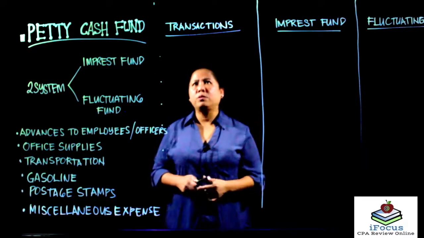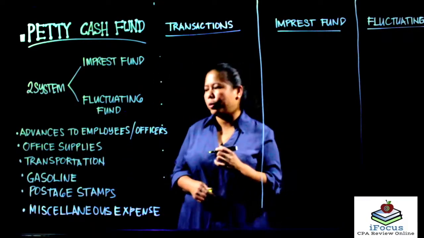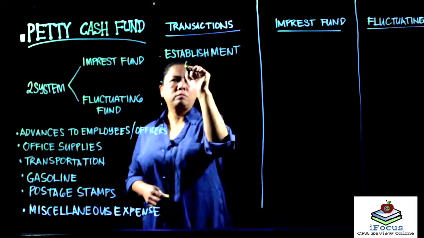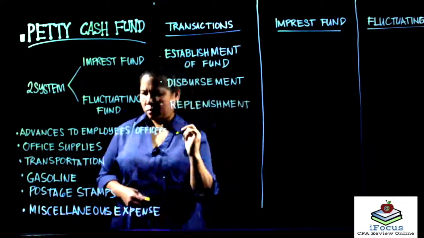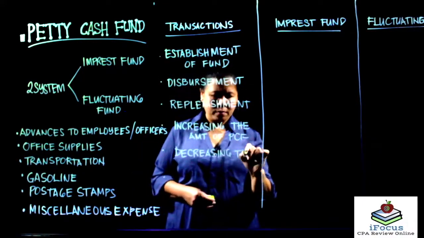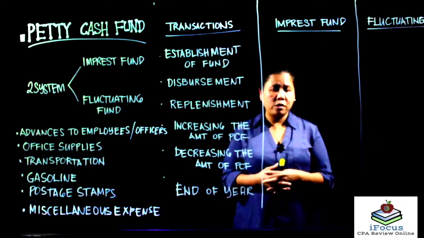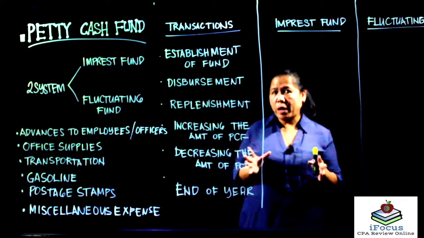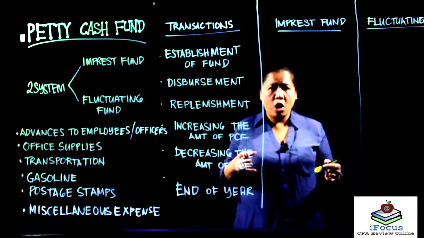Let me write down our transactions here so we can do our journal entries. These are the transactions that involve the account petty cash fund. First transaction is establishment of the fund.